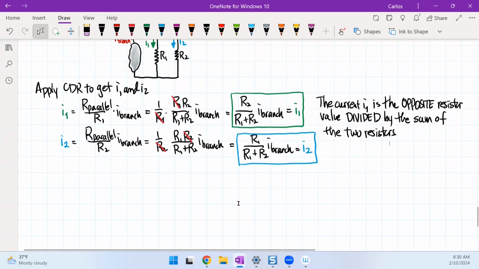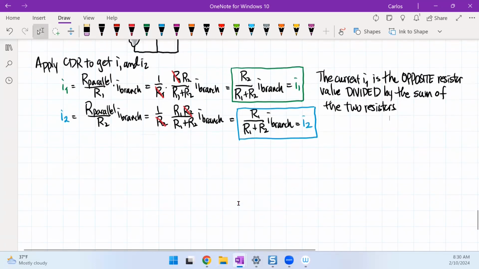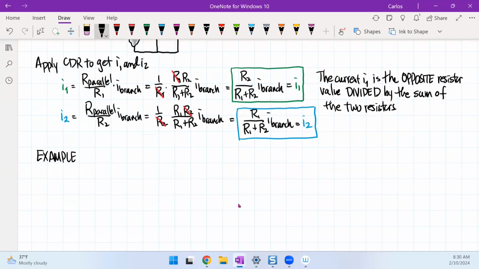So as an example, let me show you how this works. Here, what we want to do is calculate the resistor currents. And let's say that I have this circuit, which is going to be 6 amps.